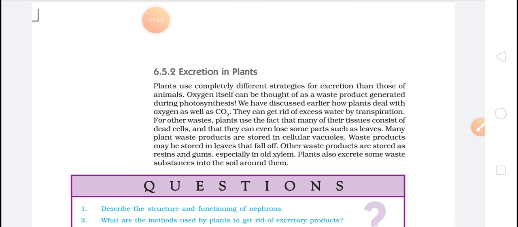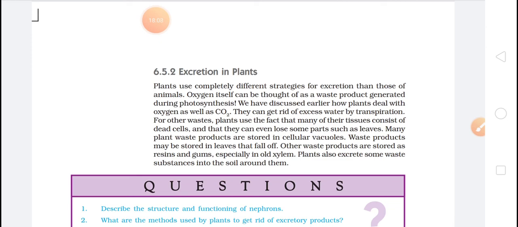So they can transport the waste material towards the leaf, and if that leaf falls, the waste material will be removed. Other waste products are stored as resins and gums, especially in old xylem. Plants also excrete some waste substances into the soil around them.